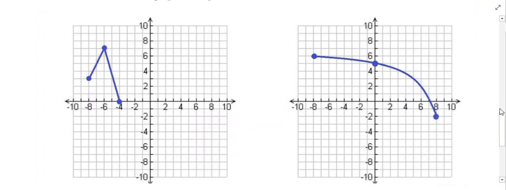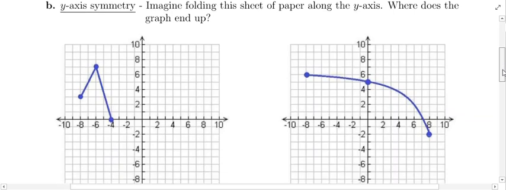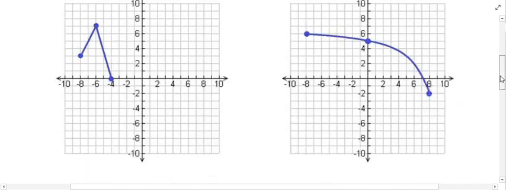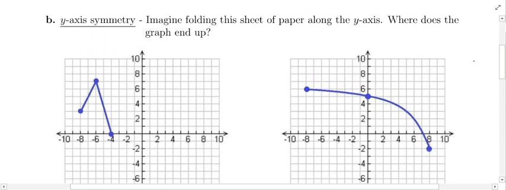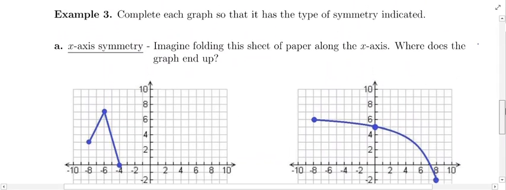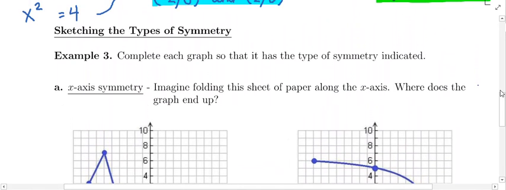If you move on to the next page, you see these two graphs a second time, and also a third time. So we've got these two graphs repeated three different times, and the reason is there are three types of symmetry. So we're going to go to each graph and sketch each type of symmetry.